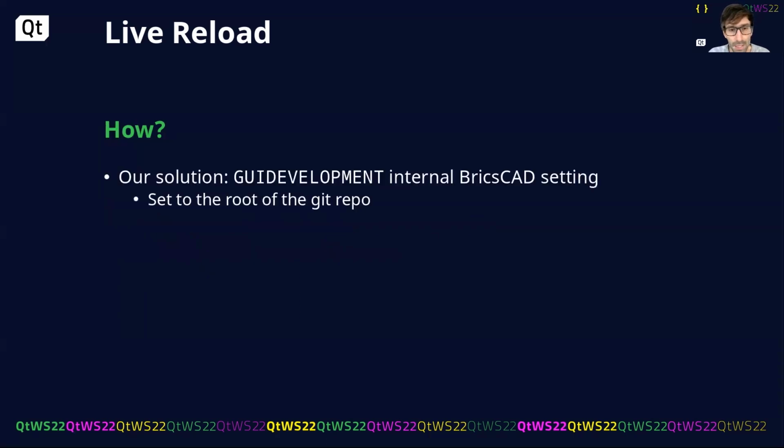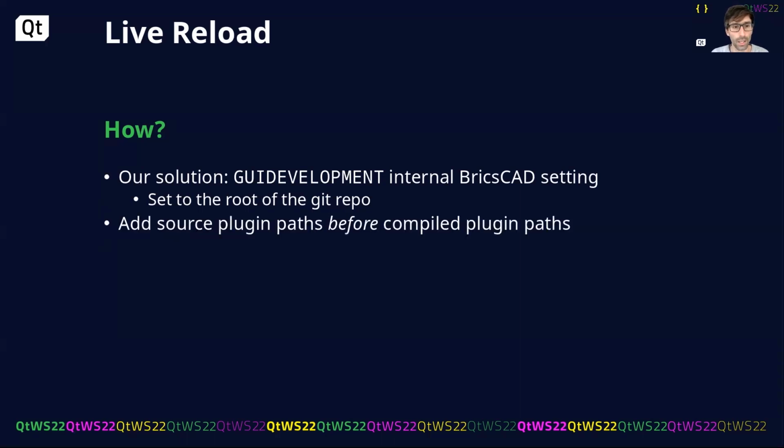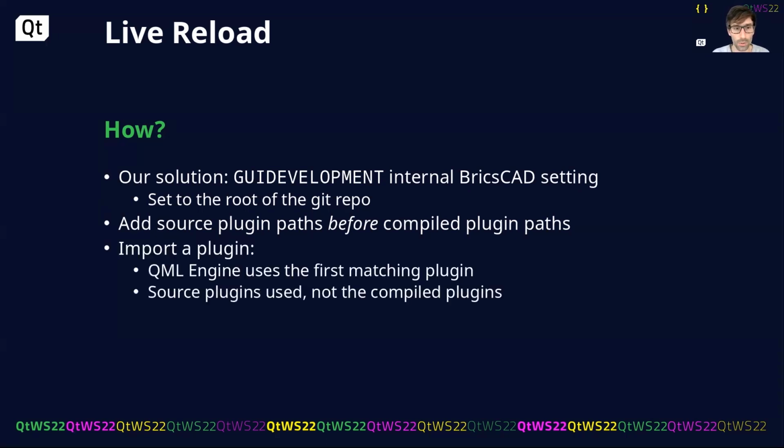The way we implemented this is that we have variables inside of BricsCAD. You can set these using the settings dialog or using the command line. We added a new GUI development variable, and you set this to the root of the Git repository that you have checked out locally. What happens under the hood is that when the QML engine imports plugins, it looks at the plugin paths that it knows about.